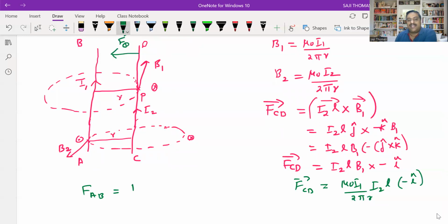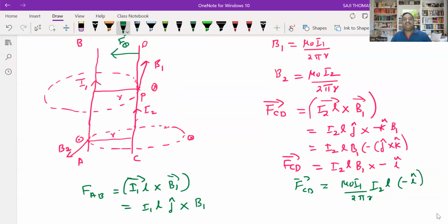Current on AB is I1, so I1L cross the magnetic field. I1L, current is along positive Y direction, so J hat cross, AB is in the magnetic field B2.